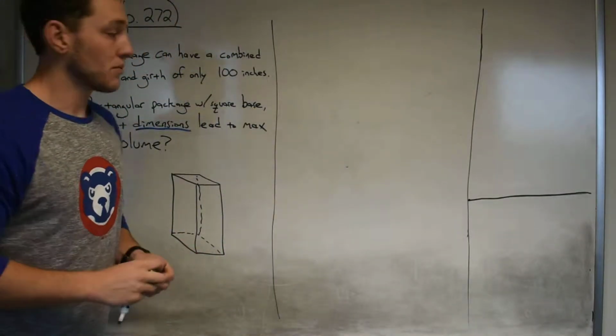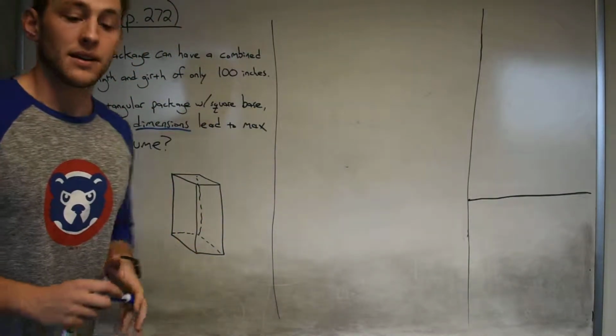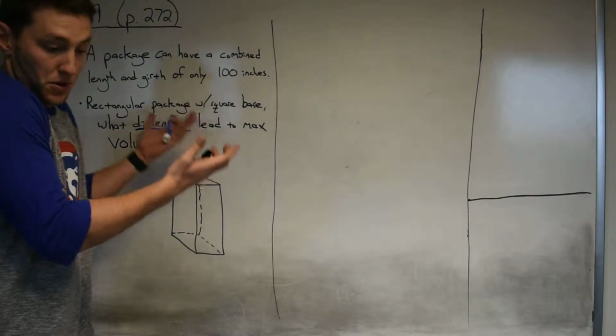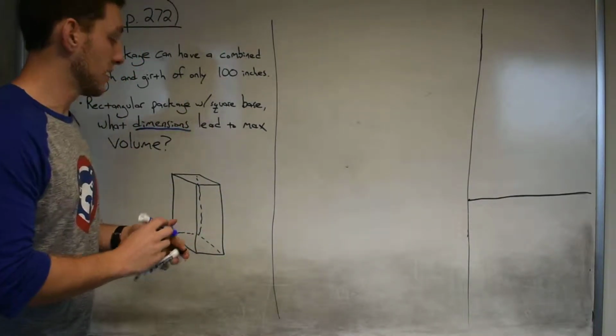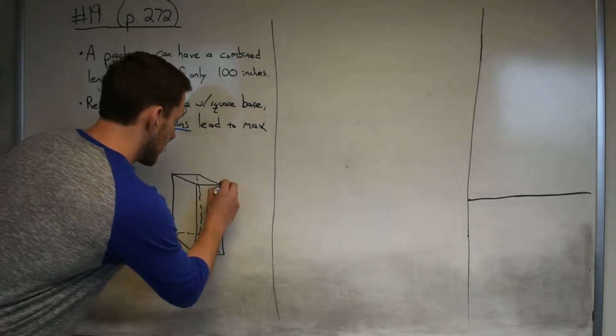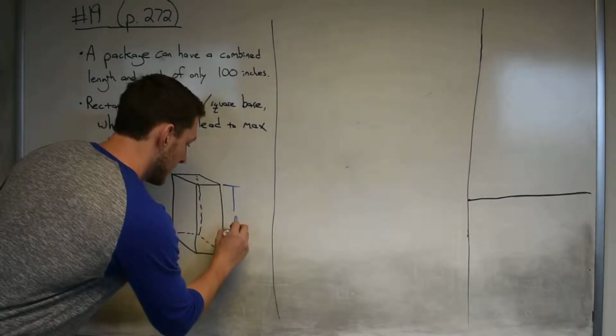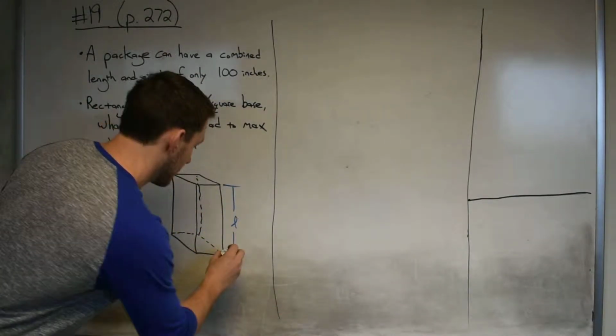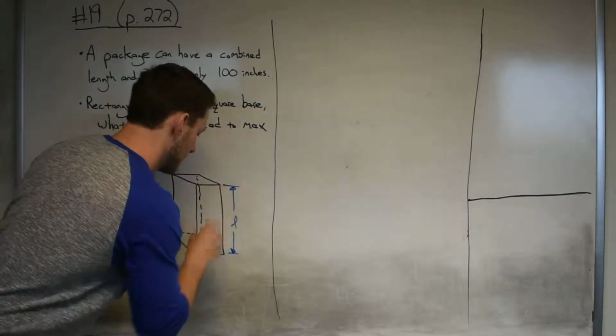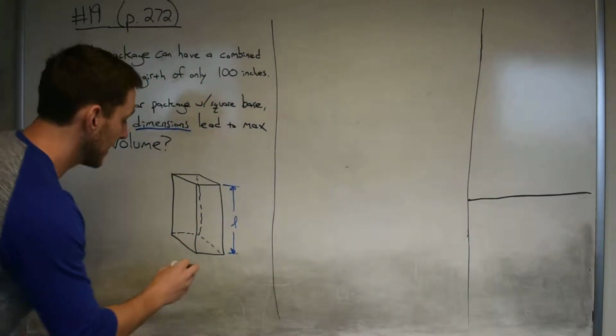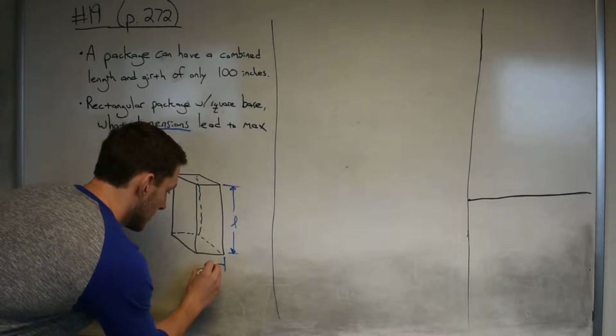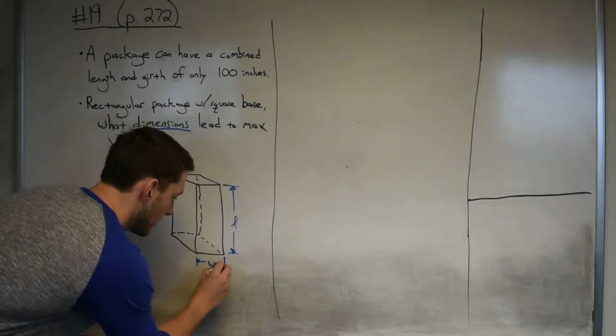So, once we're here, since we're looking for dimensions, it's going to be helpful for us to actually go ahead and name some dimensions. For instance, let's go ahead and call this side right here length. Two more sides I can label. We'll call this a W right here.